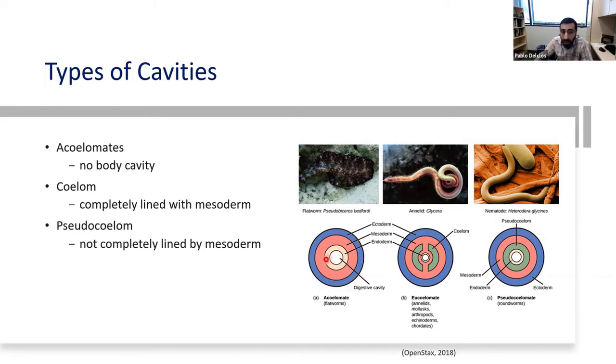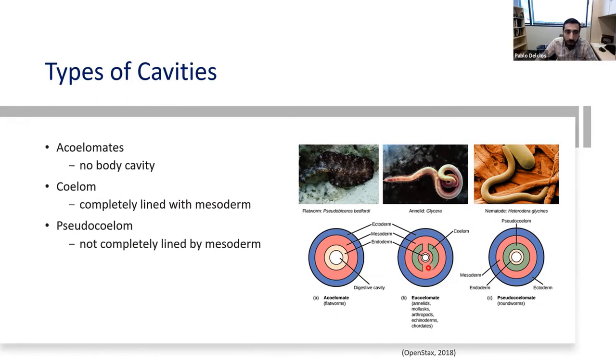Everything else is tissue. Endoderm, which is the line of cells lining the digestive tract. Then the mesoderm is everything between the digestive tract and the skin, the ectoderm. So one animal example of this are flatworms.